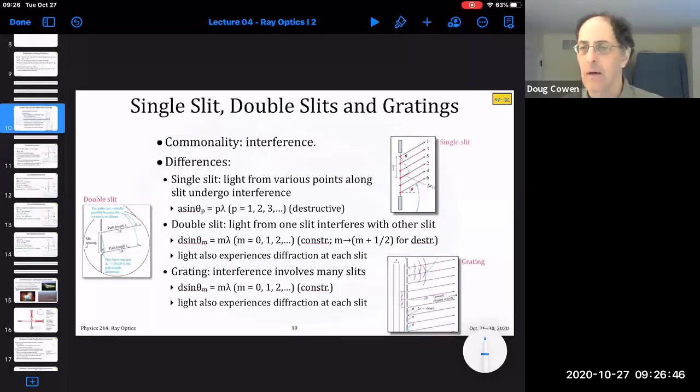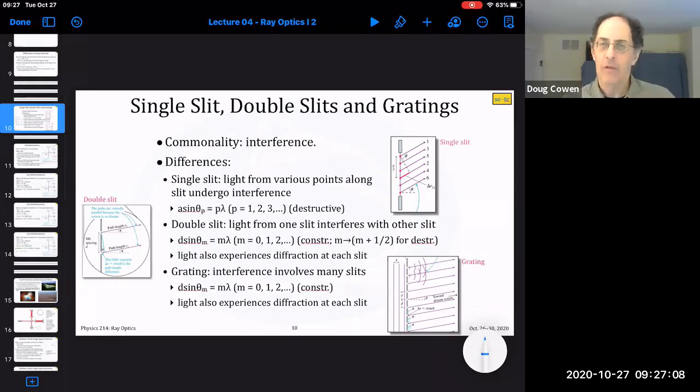Okay, so I'd like to summarize the distinctions between single slits, double slits, and gratings. What they have in common is that they all, one way or another, are due to interference taking place.